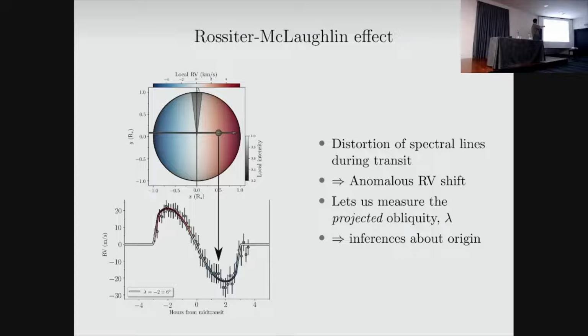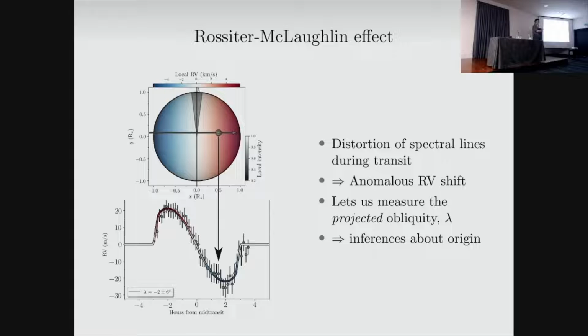This leads to a distortion of the spectral lines, and the result is an anomalous RV shift. As it blocks part of the blue light, the overall signal becomes redshifted, and vice versa for the other part of the disk. And this allows us to measure the projected obliquity by the shape of this curve right here.